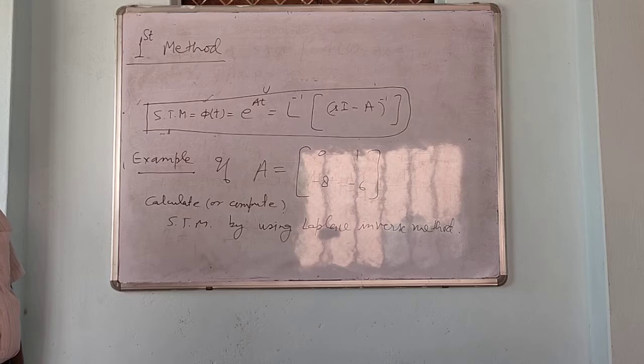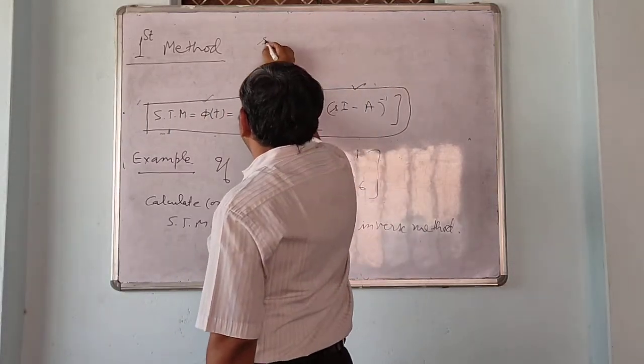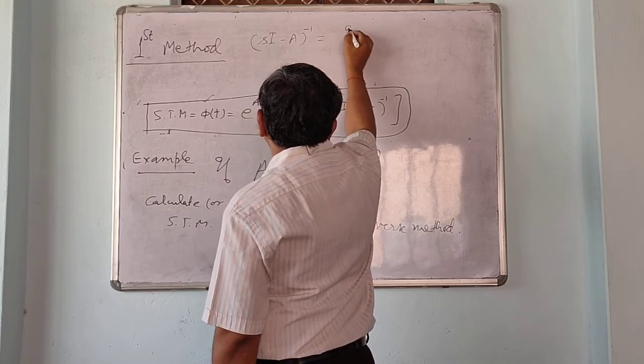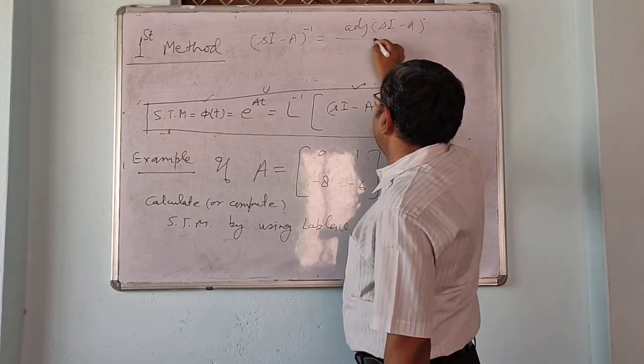For this method, first of all we will calculate the inverse of this. To calculate inverse, how can we define? Inverse of this is adjoint upon determinant.